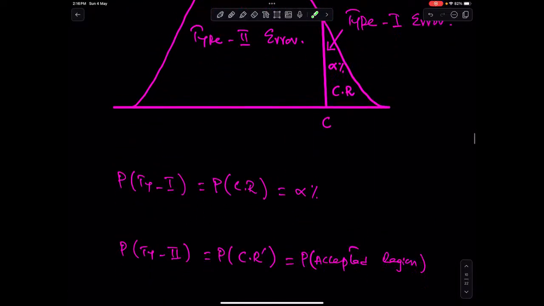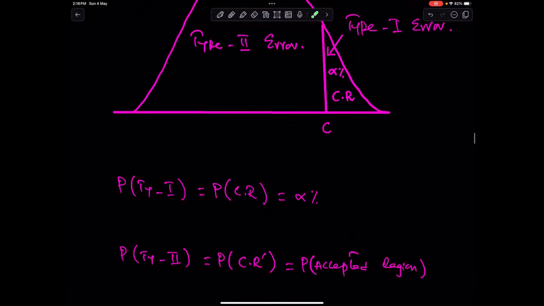Now in continuous distribution, this is very important. In continuous distributions, the probability of type 1 error is the probability of critical region and it is always alpha %. Remember, in continuous distributions, we always write alpha % as the probability of type 1 error.